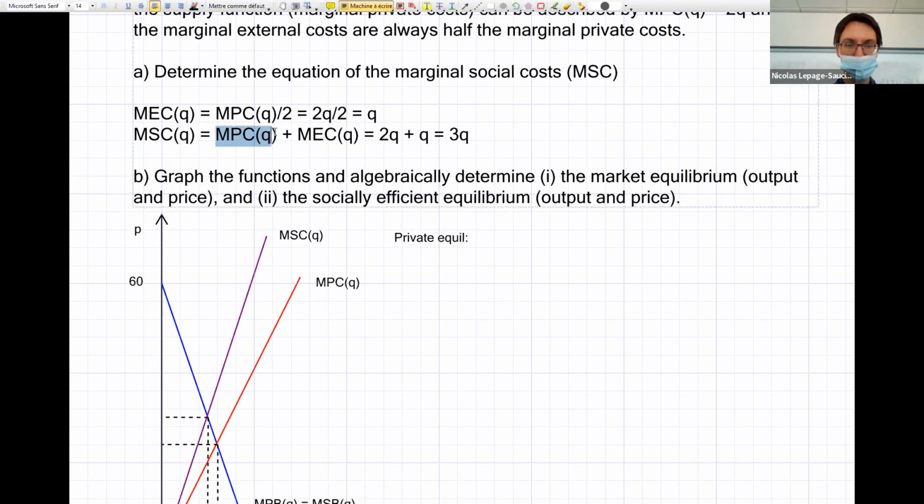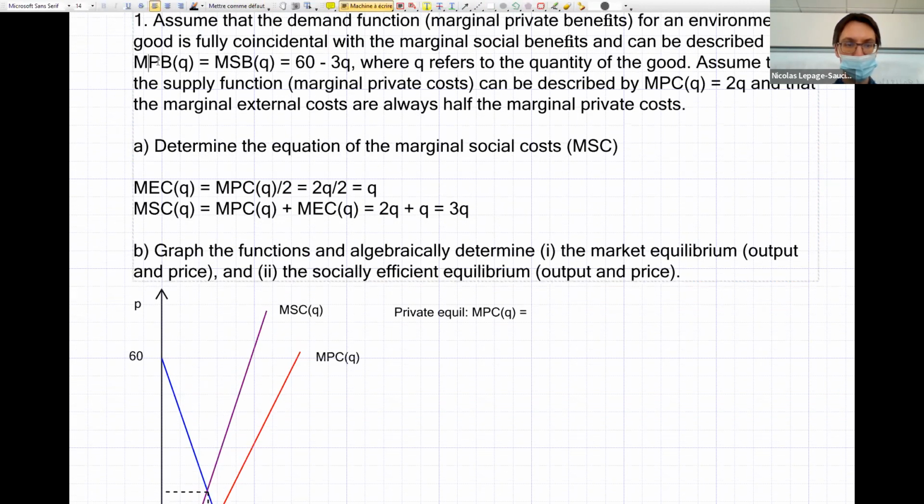MPC. So I get MPC is 2Q equals 60 minus 3Q.